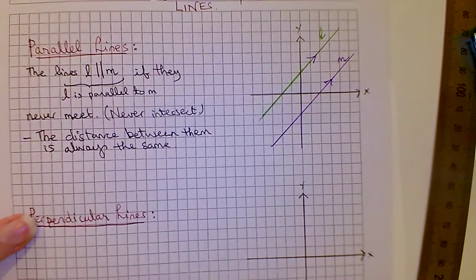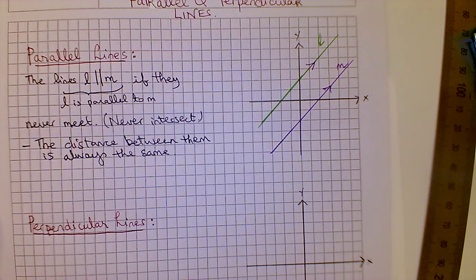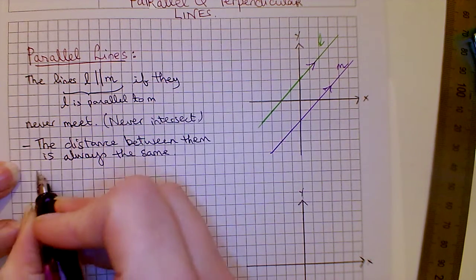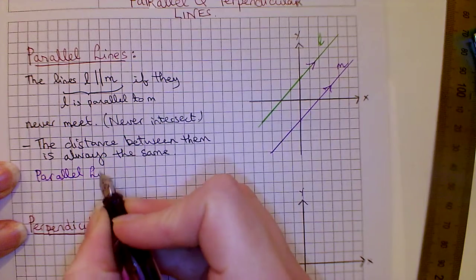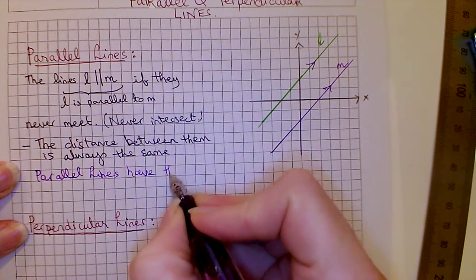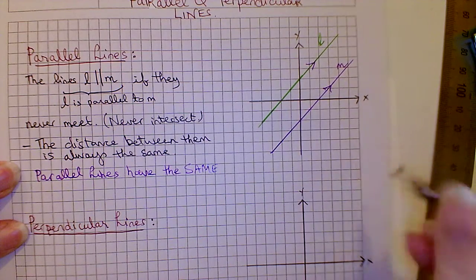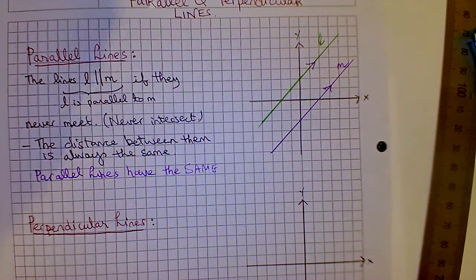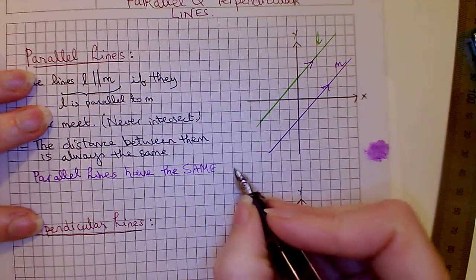So as I was drawing that, I was talking about the important thing in coordinate geometry with these, which is that parallel lines have exactly the same slopes.